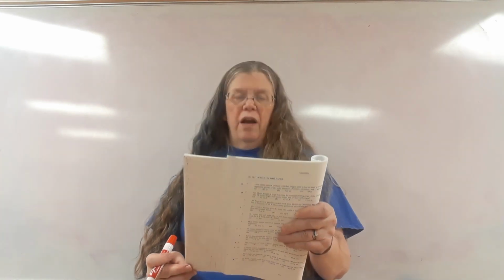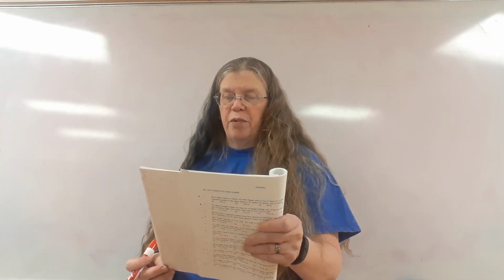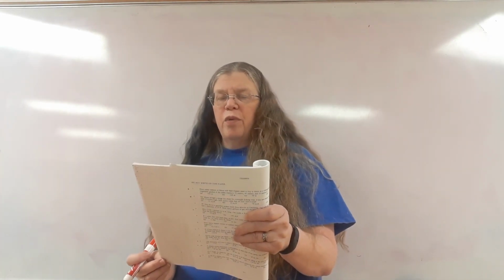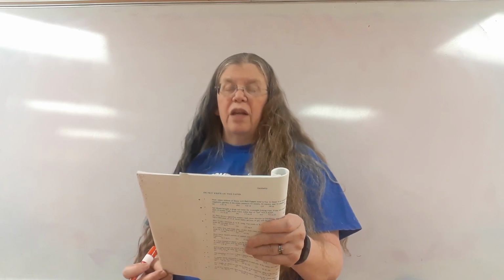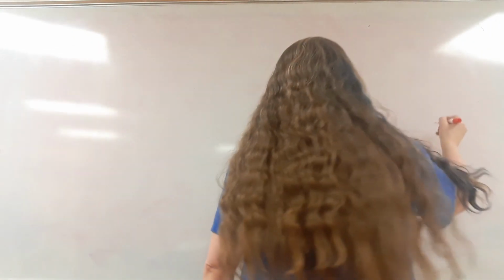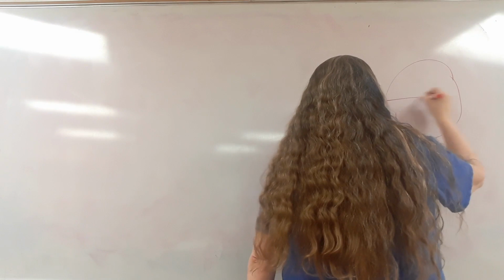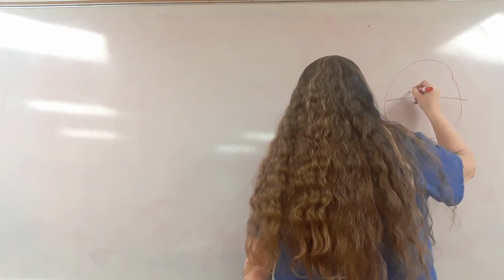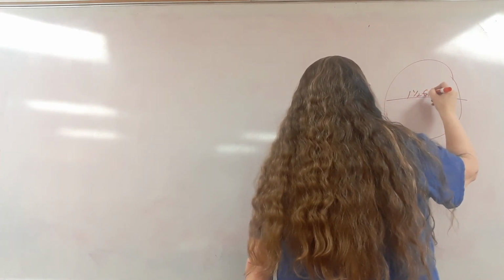G2 number 3. Sergeant Truss is reinforcing a barrel which has a 1.5 foot diameter with a metal strip. He allows 3.5 inches for overlap. What length does the metal strip need to be? So, we've got a barrel, 1.5 feet.